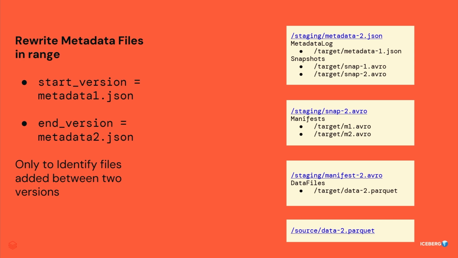Over here, because we only have 2 writes, the start will be the first metadata, and the end version will be the second metadata. Between those 2 metadata files, we can see what's changing in terms of snapshots. Each snapshot resolves to files, the manifests and the data files. So by identifying the difference in terms of the snapshots, we have the ability to do this incrementally.